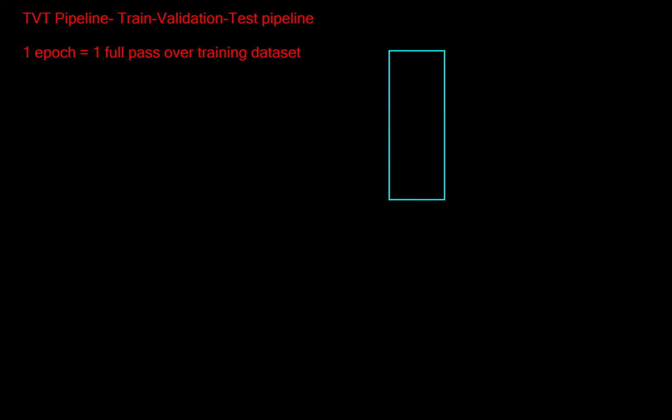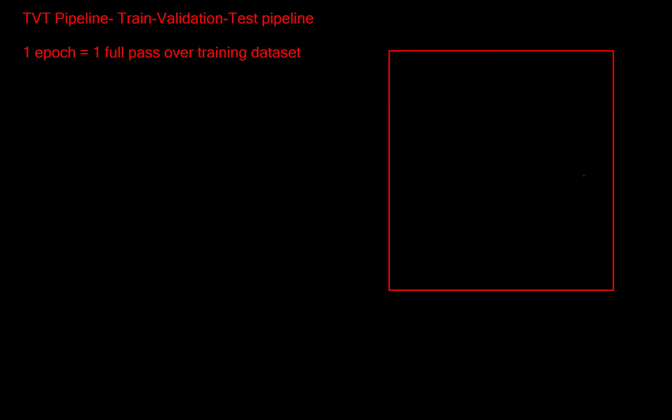Let's say we have a data set like this, and we have features and we have labels. So these are feature columns, and this is the label column.